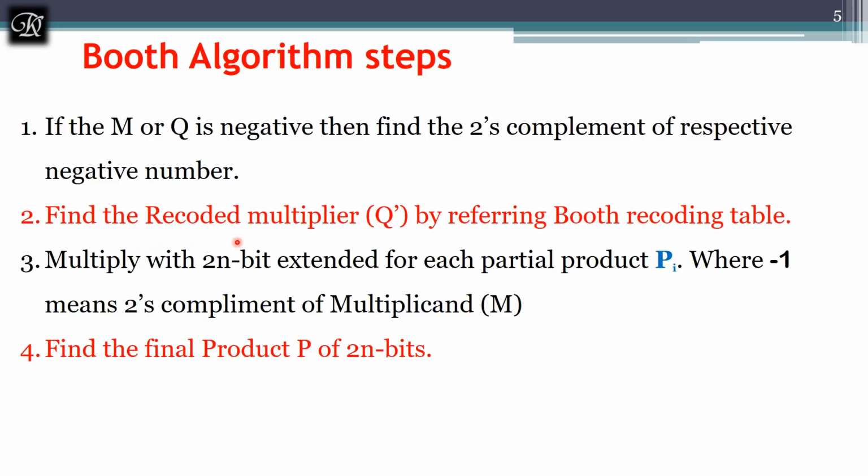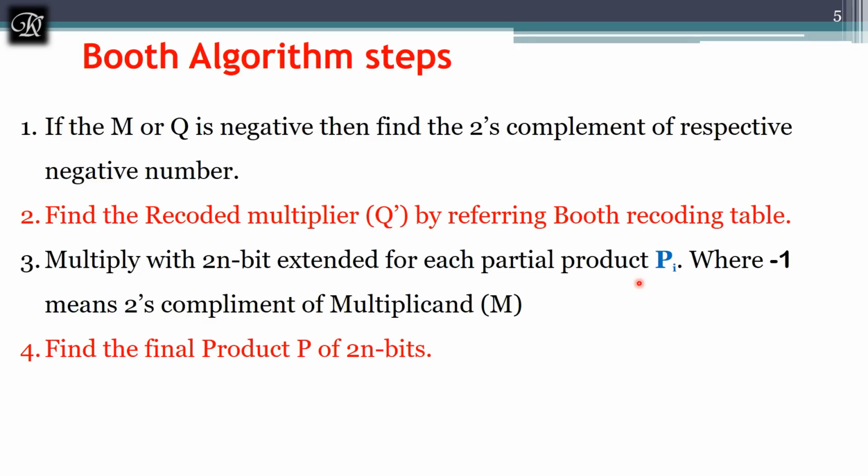Next, find the recoded multiplier, which we call Q dash, by referring to the Booth recoding table. We have a truth table, and by referring to that, we have to find a new Q, that is Q dash, from the Q. Multiply with 2 n-bit extended for each partial product. In the multiplication, I already told you, if you have n-bit values, the result will be 2 n-bit, which we have seen even in the sequential multiplier.